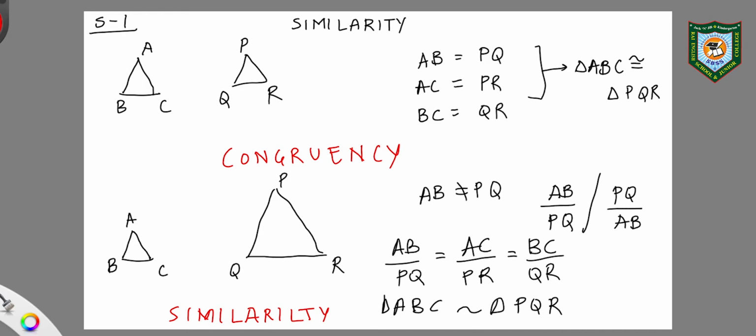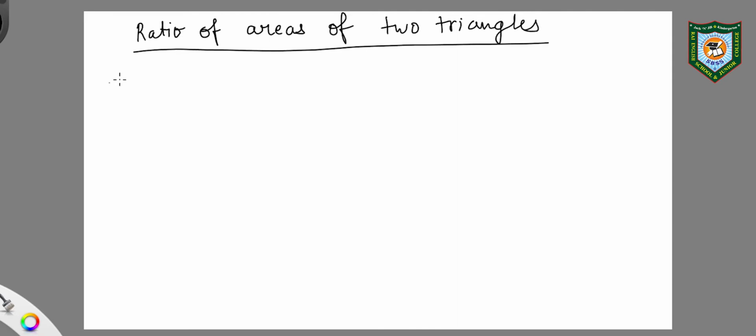Now once we have cleared this, we have to move to our first topic from chapter number 1, which is ratio of areas of two triangles. Before we start, first we need to define what is area of a triangle.